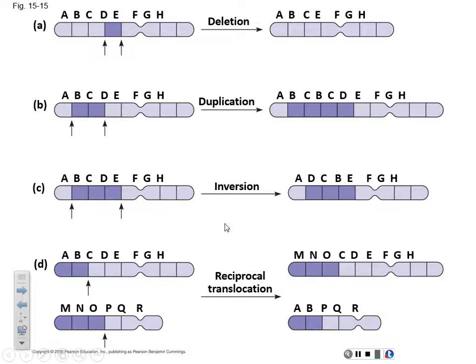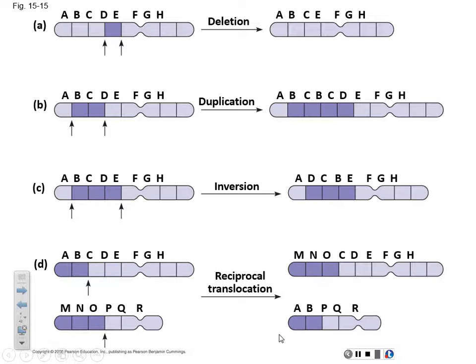Sometimes you'll discover inversions, and sometimes you'll discover what are called translocations, where a piece of one chromosome, chromosome 6 for instance, ends up being swapped with a piece of another chromosome, chromosome 16. Right? So a little bit that's usually on chromosome 16 now resides on chromosome 6, and vice versa. Right? So these are all different kinds of chromosomal alterations that cytogeneticists can find.